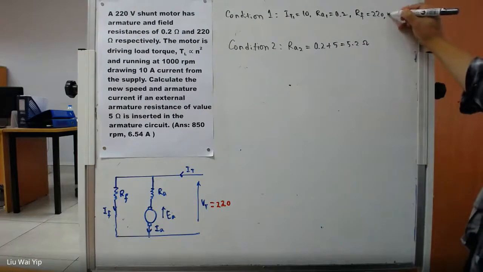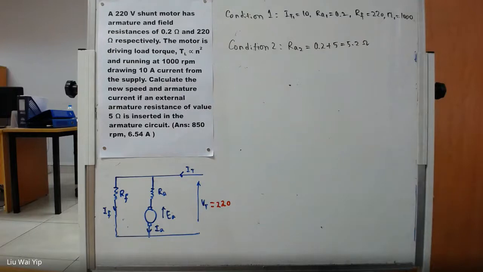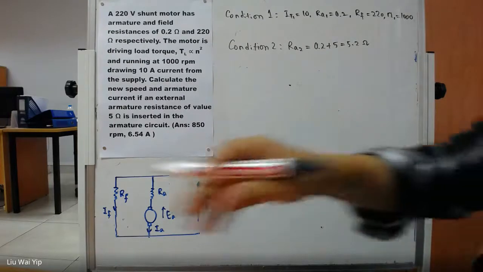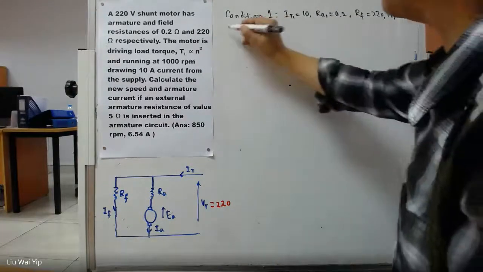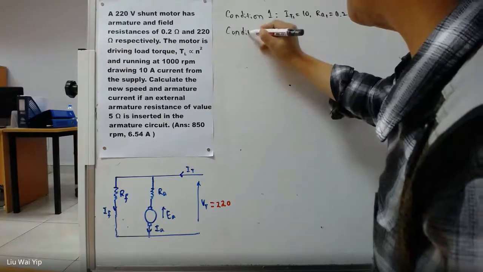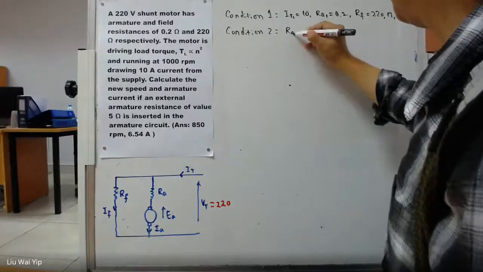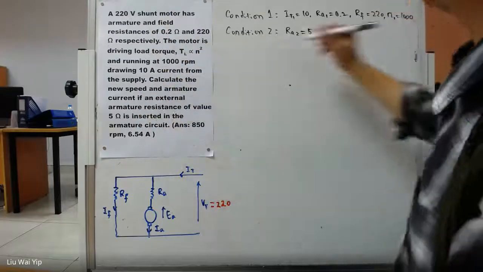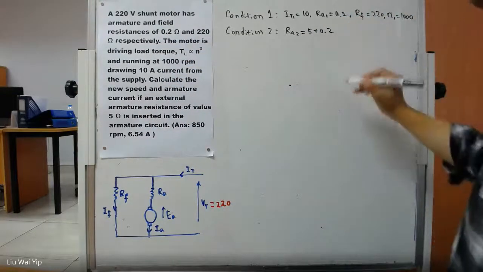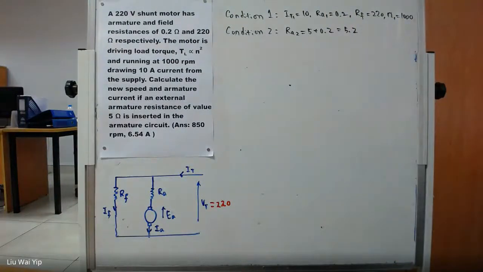N1 is 1000. So these are the initial conditions. And condition number 2: RA2 is 5 plus 0.2. So these are the conditions we are going to resolve in the question.